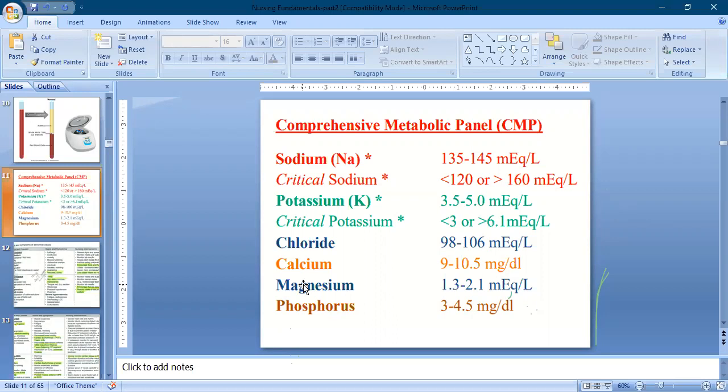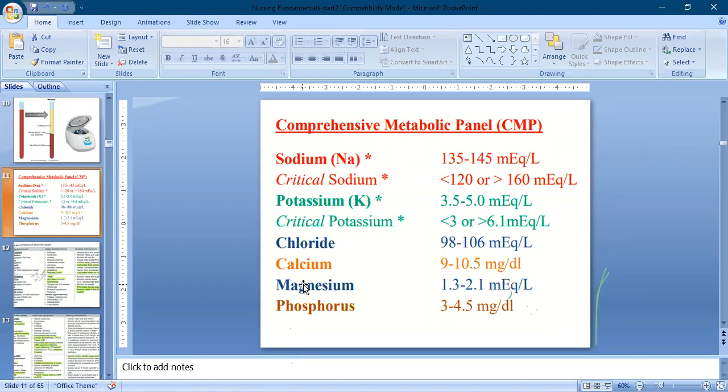So again, if the patient has fluid volume excess, we as a RN have some responsibilities. What we have to do: we have to place the patient in a semi-Fowler's or high Fowler's position.